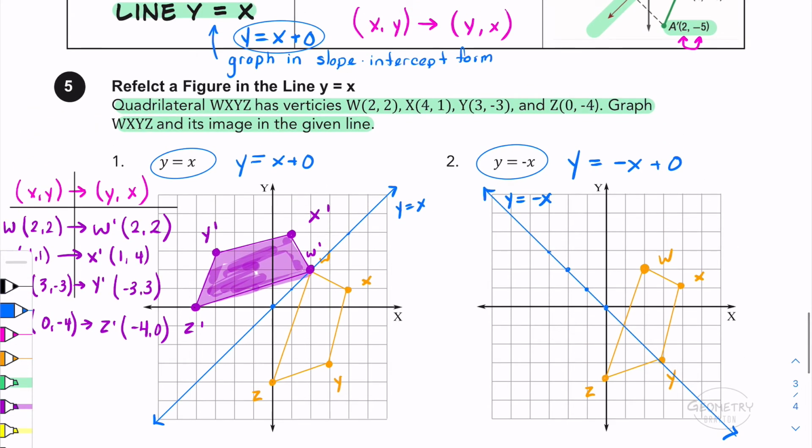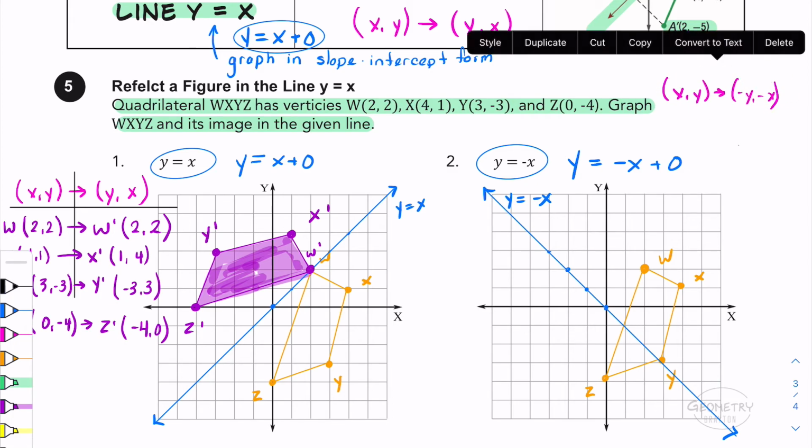Now, the rule does change a little bit. When you are reflecting across y equals negative x, you actually have to make the whole function negative. Because you made your slope negative, our rule is now going to become x comma y maps onto negative y comma negative x. We are making everything negative.